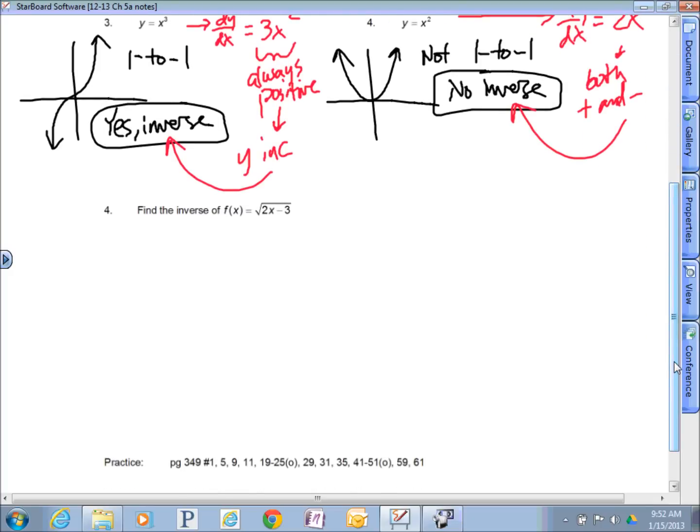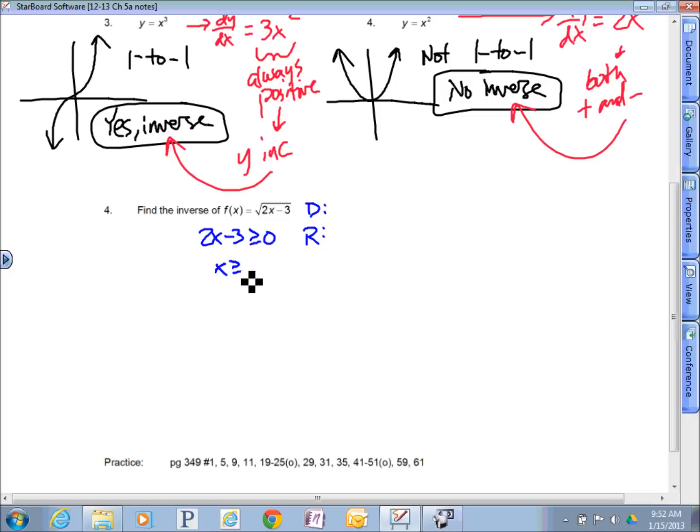And then this last one, find the inverse. We've already gone through what the steps are, so I'm going to go through and do this again. Before I start, we should probably think about what's going on with the domain and the range of this original function. Its domain, let's see, what can't x be? Well, 2x minus 3 has to be greater than or equal to 0, or else I'm going to have imaginary numbers.